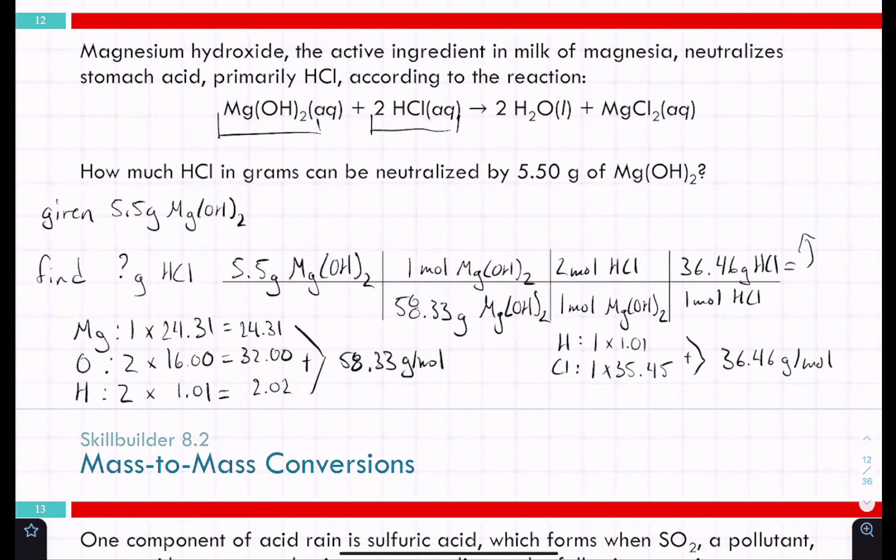This is going to be 6.8, sorry, 2 sig figs, 6.9 grams of HCl. Whew. Time flies when you're doing stoichiometry.